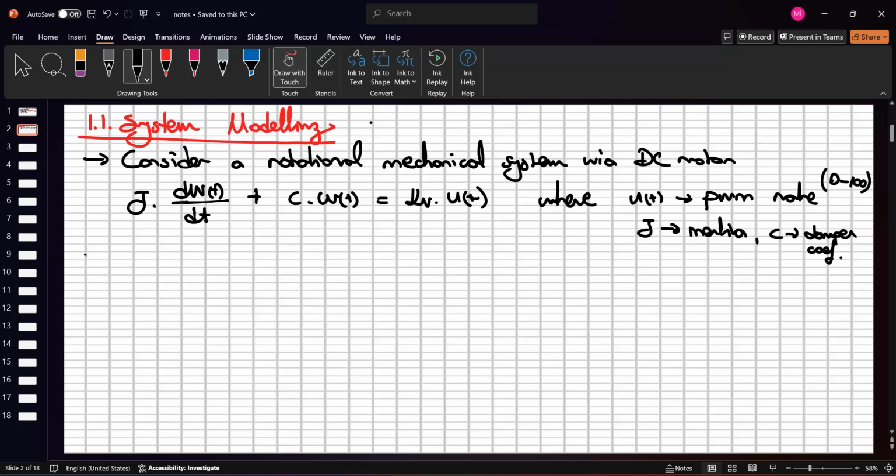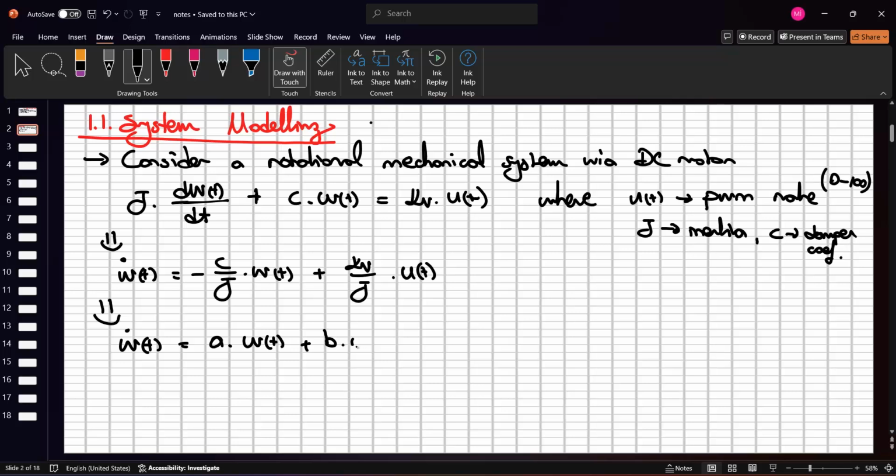So, in order to build our dynamics, we need to write Wt dot equals minus C divided by J times Wt plus kV divided by J times ut. Okay? And so, in a simple way, we build the model based on these things, A times Wt plus B times ut.